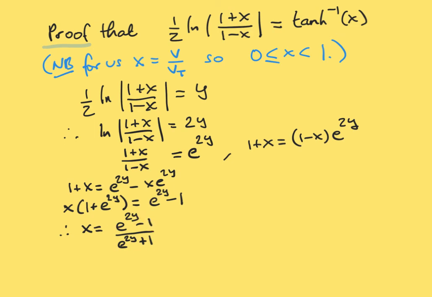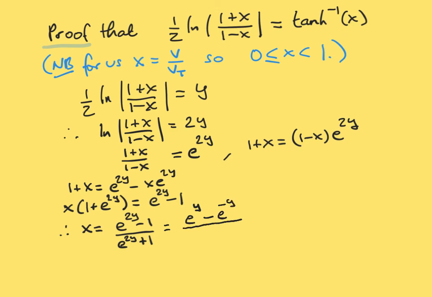And now, to see how this is related to the hyperbolic functions, let's on this side divide top and bottom by e to the y. So if we do that, we are going to get e to the 2y divided by e to the y is e to the y, minus, and 1 over e to the y is e to the minus y.